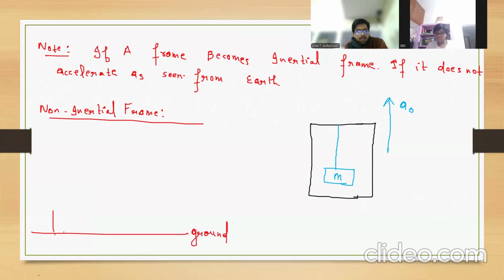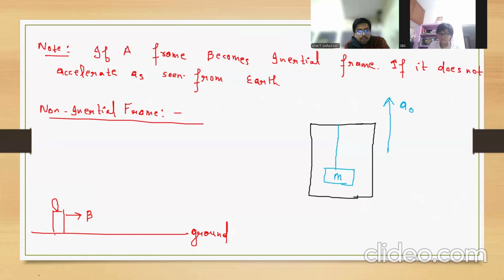This is a person, you can say observer B. According to observer B, please draw the free body diagram. My target is to find the tension force. Because once you attach this block with a string, the string becomes tight, and then tension comes into play. Understood? Any doubt? No doubt, sir.